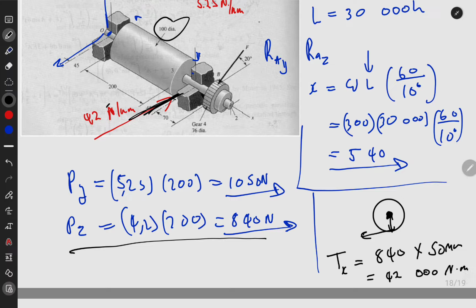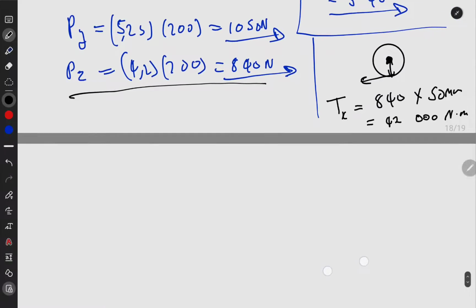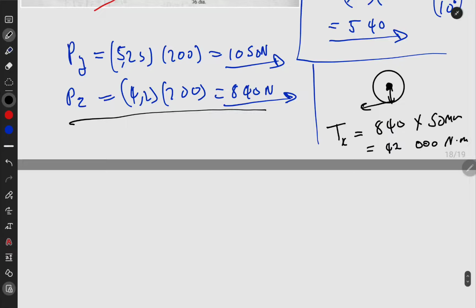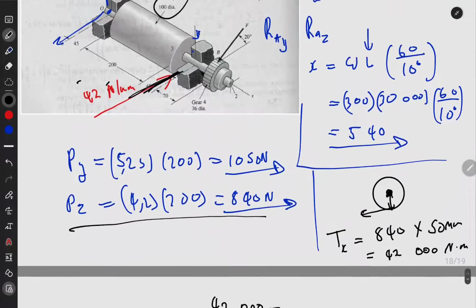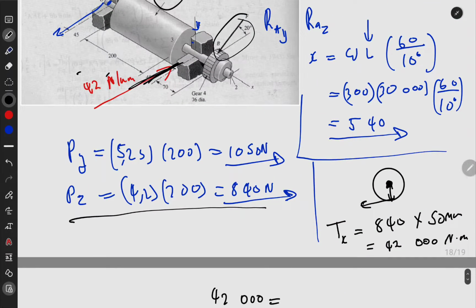Whatever power the thing has to draw things in, it should be supplied by pushing in with that force F. So I think it is good to say that 42,000 should equal these moments, right? The moment caused by this one.